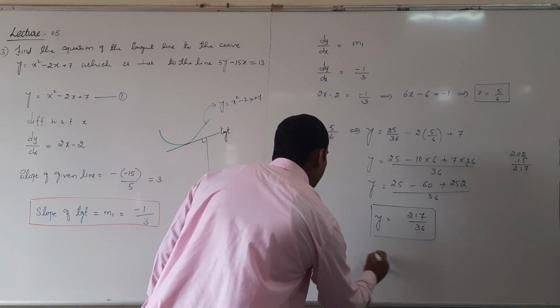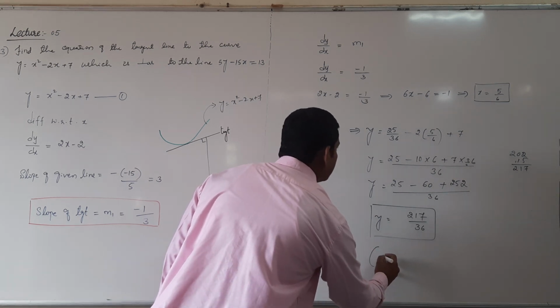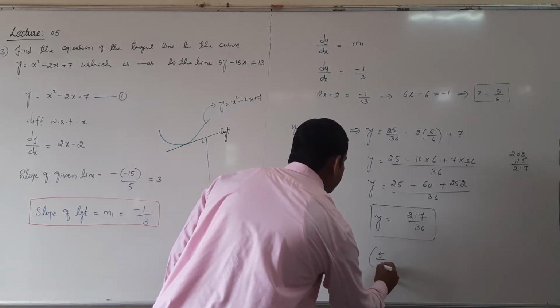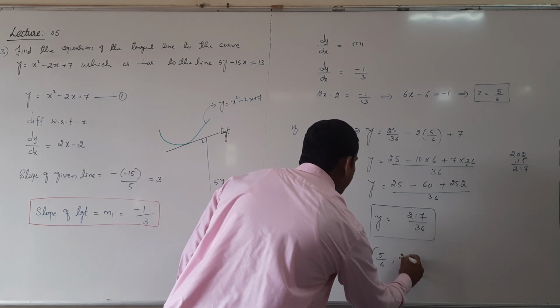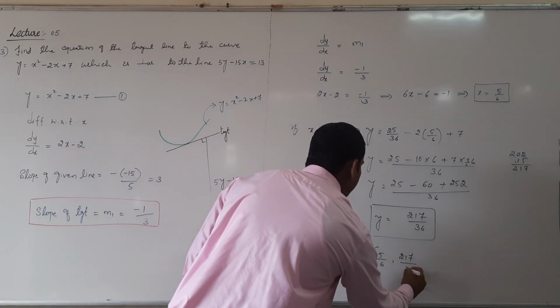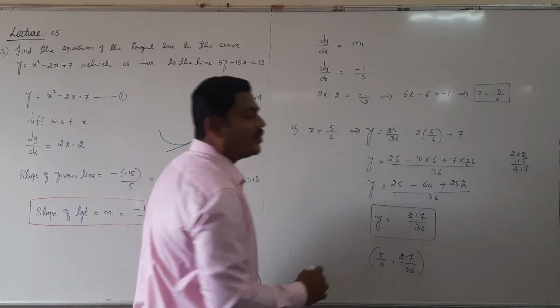Means the point is 5 by 6 comma 217 by 36. This is the point.